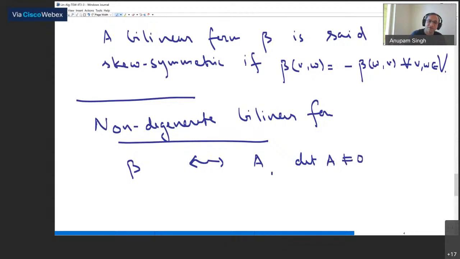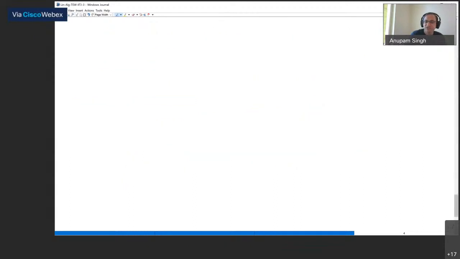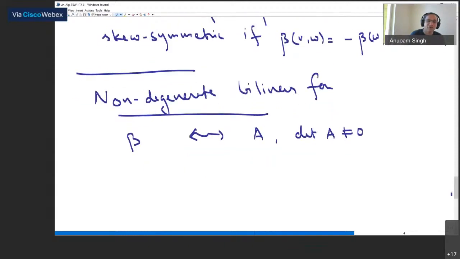So these are the bilinear forms which are called non-degenerate bilinear forms. And usually it's enough to study non-degenerate bilinear forms. Otherwise, you can always reduce beta to a smaller size with a zero component. So that is why we always assume non-degenerate.